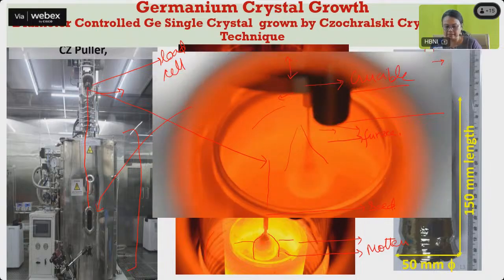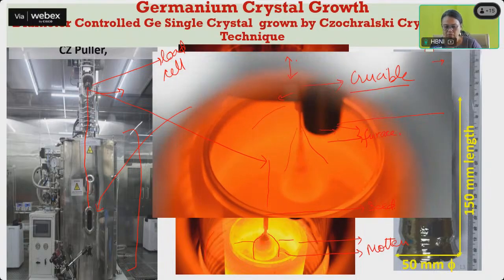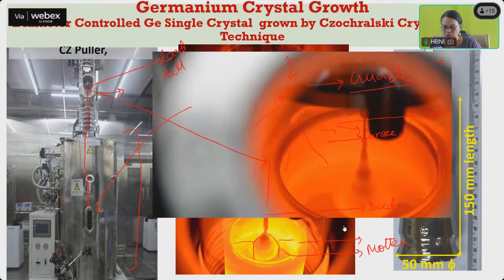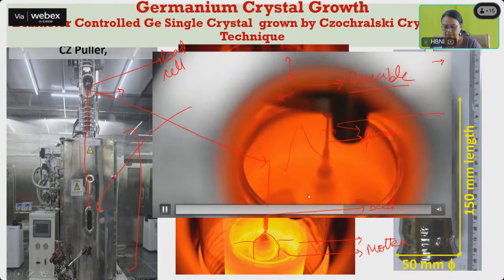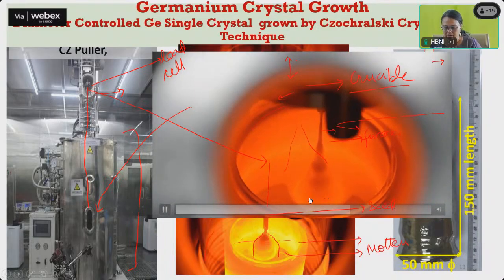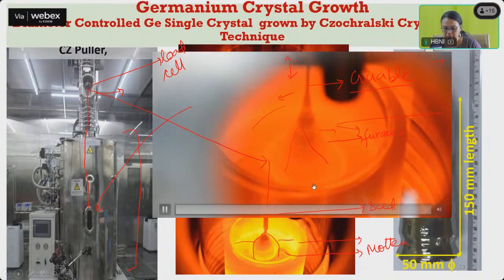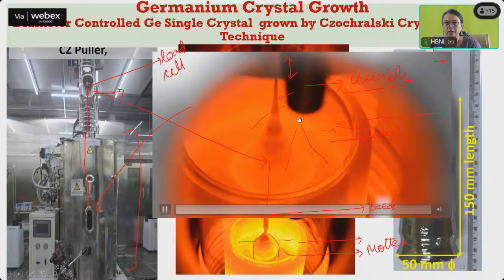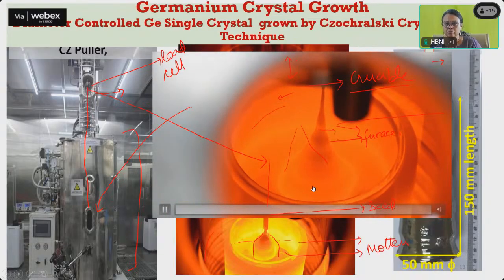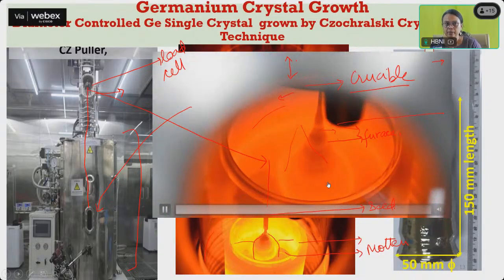So basically this is time elapsed, so you are seeing different points. You can see here it is rotating, and this is the crystal growing. This all is molten, this is inside the crucible. This is the crystal which is growing. This is the diameter, this is growing.